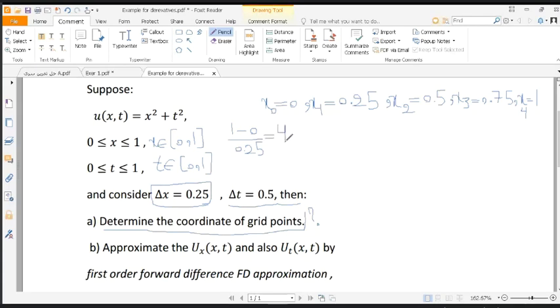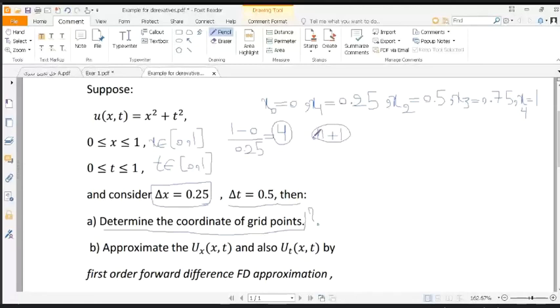When we divide the length of the interval 0 to 1 by delta x, we get 4. But the number of points is n plus 1, and 4 plus 1 is 5. The number of points is 1 more than the index of x. Okay?